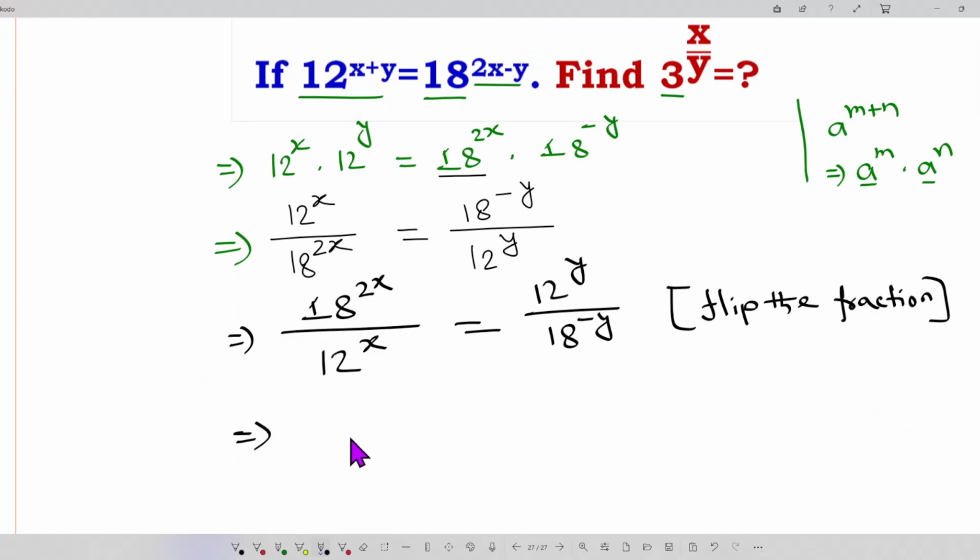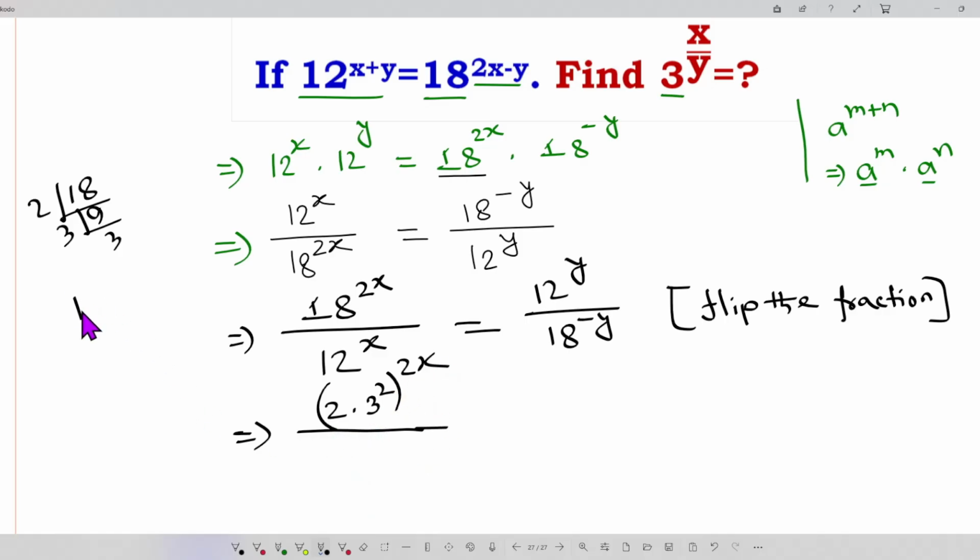Next, this is 18. If we segregate, it means 18 we can divide by 2, it will be 9. 9 can be divided by 3, right? So first, 2 times 3 square to the power 2x, and this 12 we can write 2 divided by 6, 2 divided by 3.